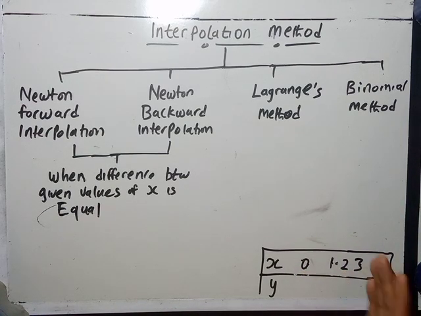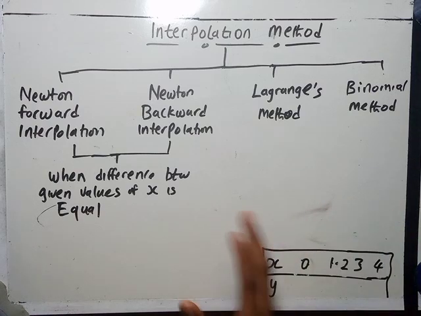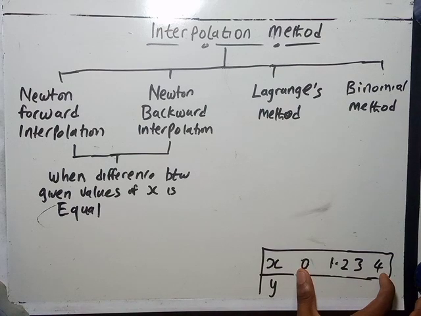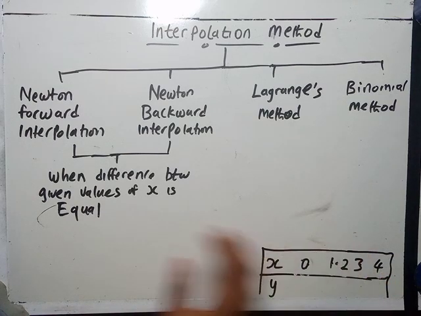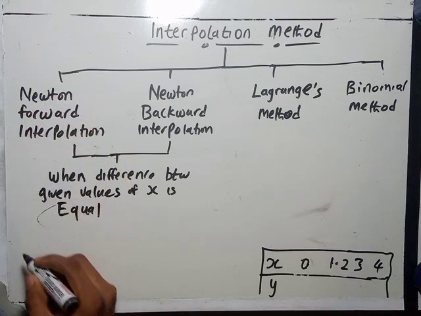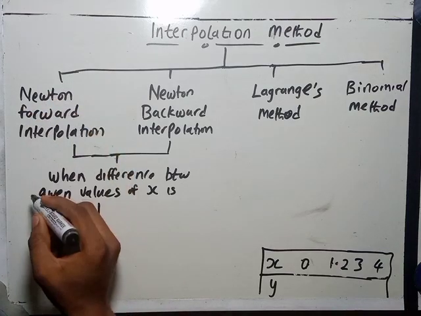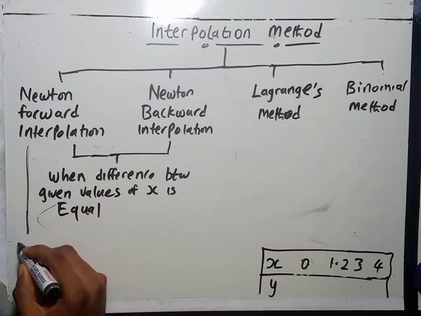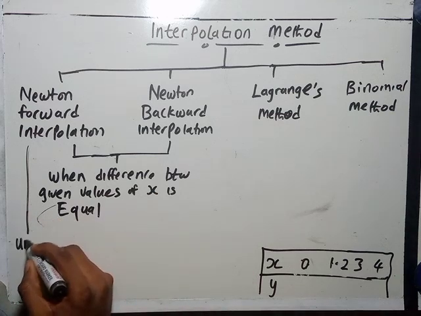And 1.5 is falling within the first half of these 5 values. So that is why we'll be using Newton forward interpolation method.